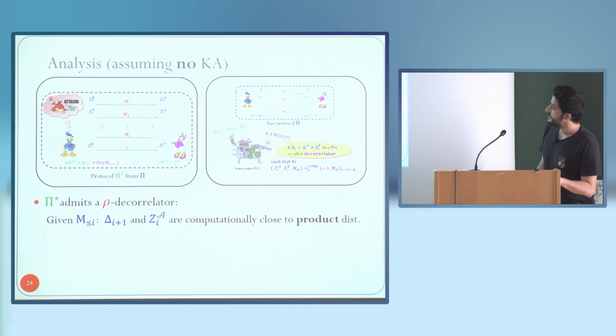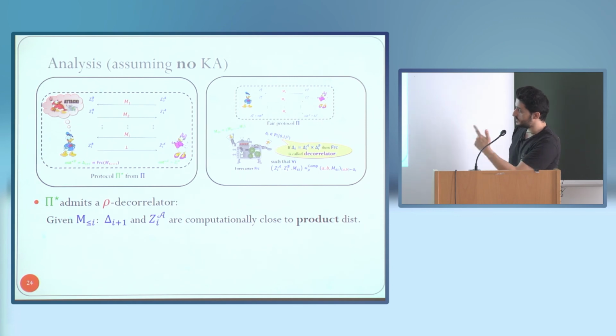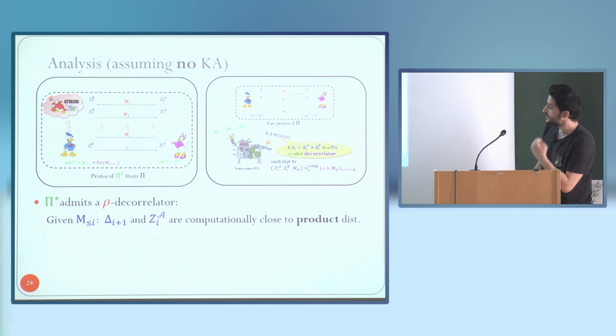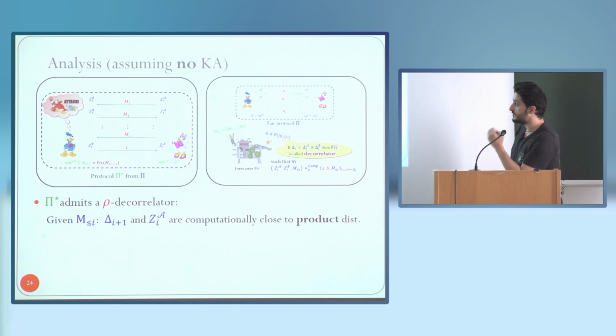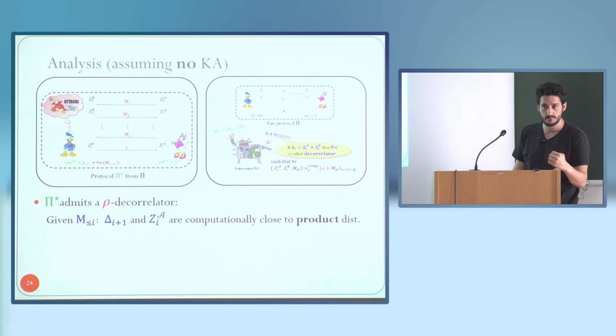We assume that pi star doesn't imply key agreement, which means by the dichotomy theorem that pi star admits a row decorrelator. It means that given the transcript, the outputs, delta i plus 1, which is the forecasted value including the message that wasn't sent, and z_i, the backup value, are computationally close to a product distribution. Because it's not a forecaster, it's a decorrelator.